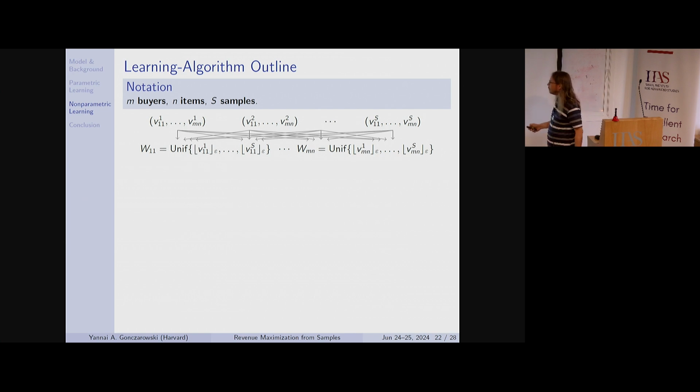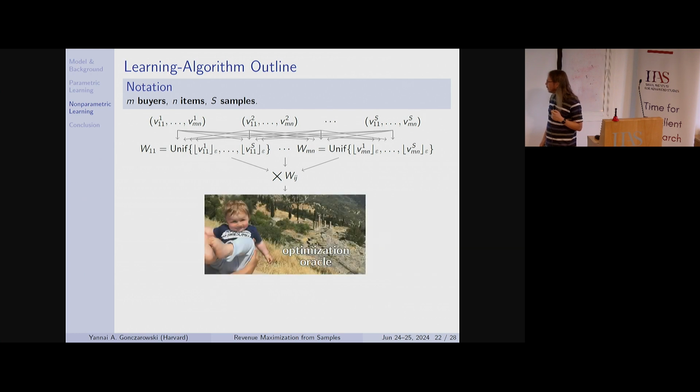For this you take all of the samples from V11 and take the empirical distribution over these, but you round down all of these to the nearest multiple of epsilon. Then you construct the product distribution over these. Then you feed it into your optimization oracle.